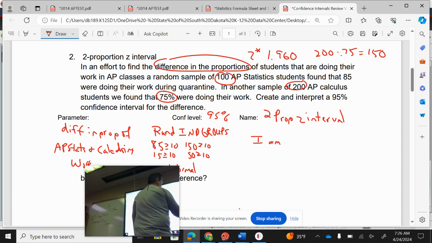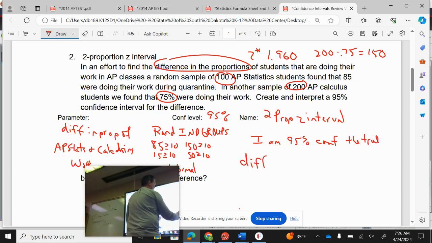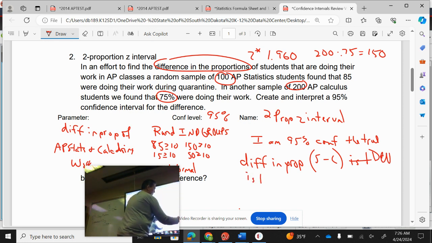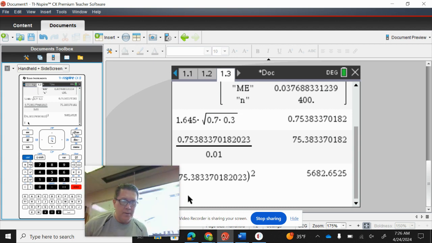I am 95% confident the true difference in proportions, stats minus calc, that are doing their work, I'm just going to say DW, doing work, is between, and then you're going to get 2 numbers. Now remember, this is a difference in proportions. So we jump on here.